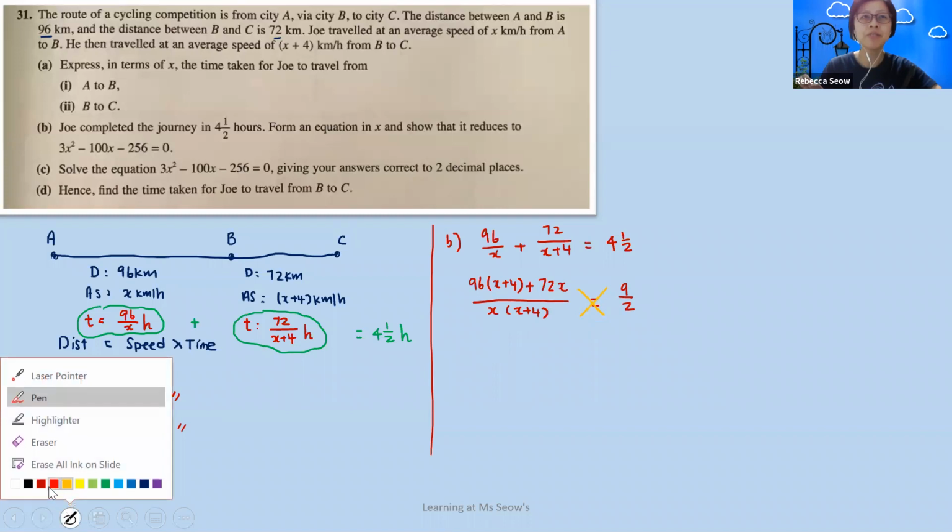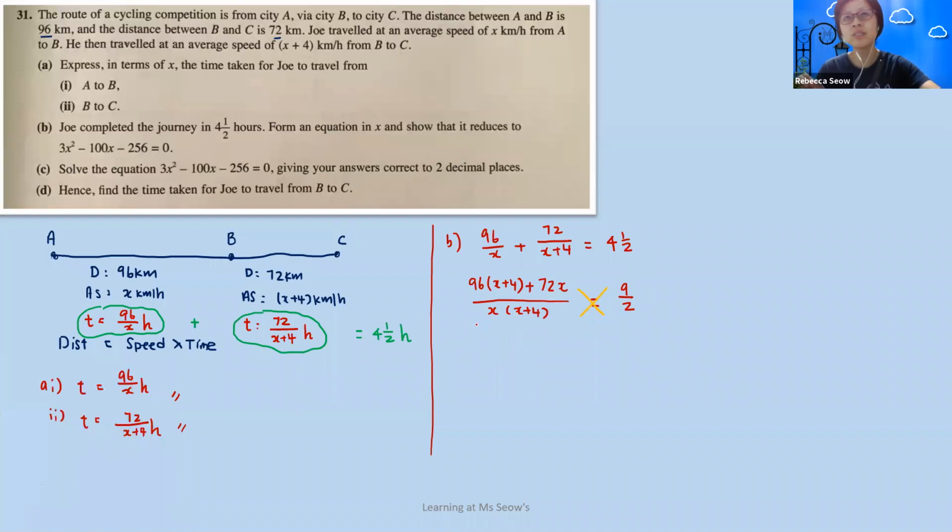Okay, but anyway, before that, what we could do is to simplify what we have on the left hand side. So to simplify, let's expand the numerators and the denominators. Okay, and by expanding, what we have will be 96x plus 384 plus 72x over x squared.